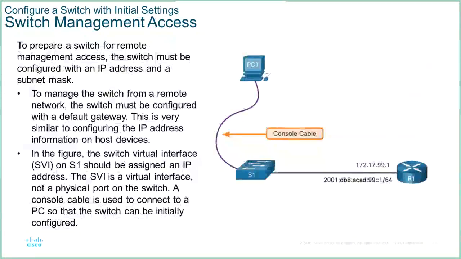Console cable from a desktop or a laptop into the console port. Now, in today's switches, we have multiple different console ports. We now have a USB connector as a console, as well as the old RS-232 serial connector.